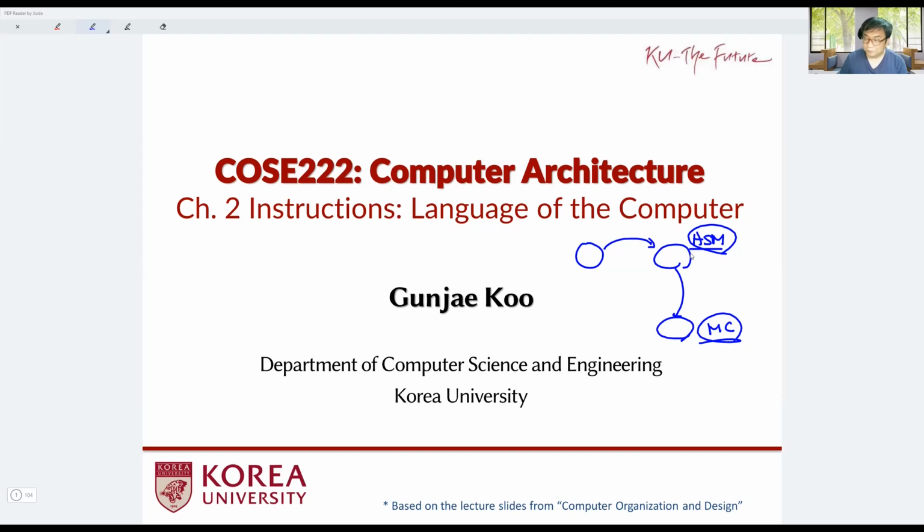So in order to understand the execution behavior of the computer processor, and also to understand the architecture of this computer processor, we first need to know about the instructions which will be executed by the processor. Okay, so in this chapter 2, we will learn about the instructions of the computer processor.